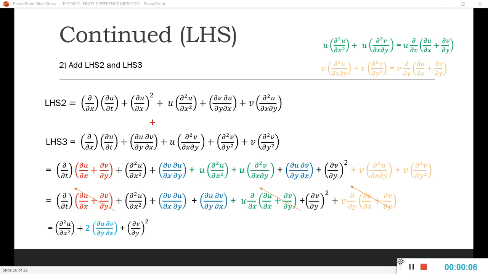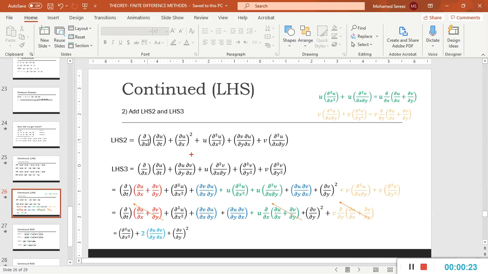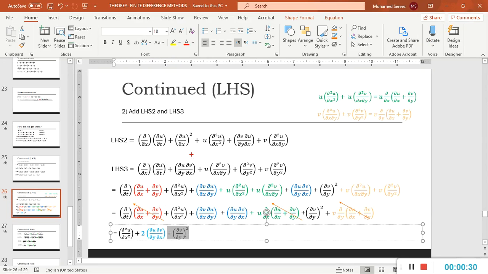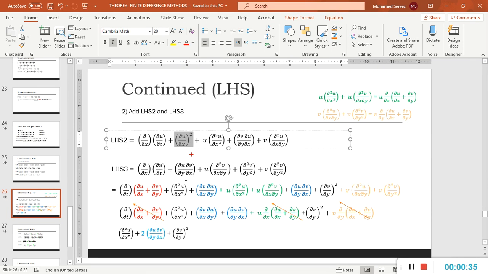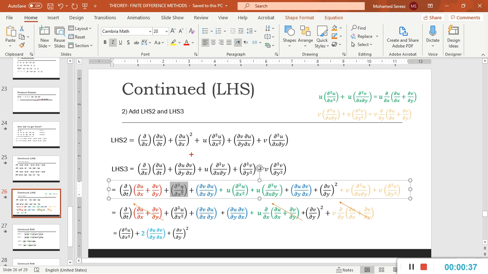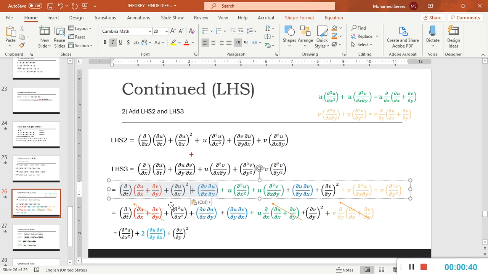In the last tutorial we discussed the left hand side and the right hand side derivation for the pressure Poisson equation using the momentum equations. Just to let you know, there is a slight mistake: the dou v by dou y squared term is correct, but this term I have apparently changed in writing.